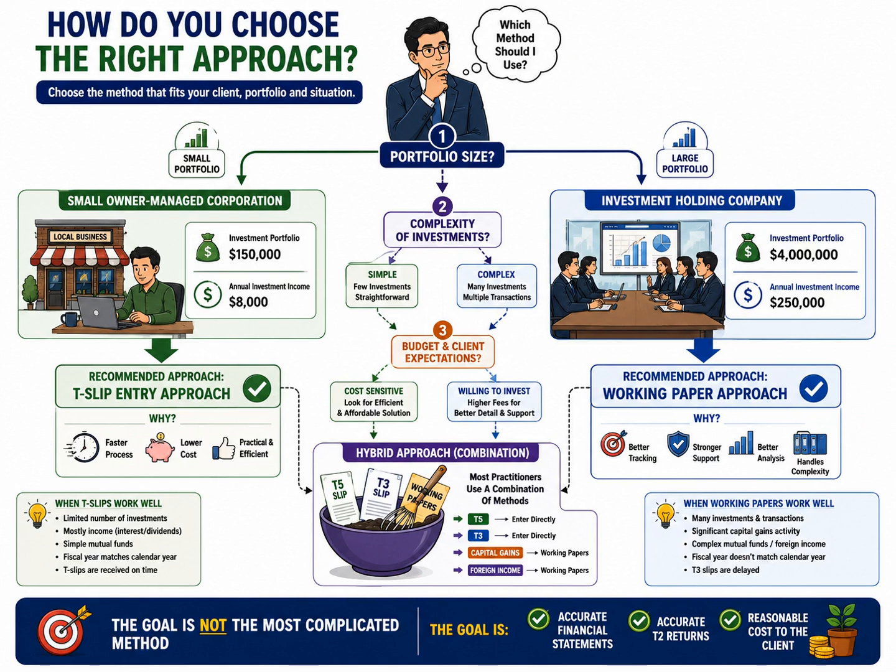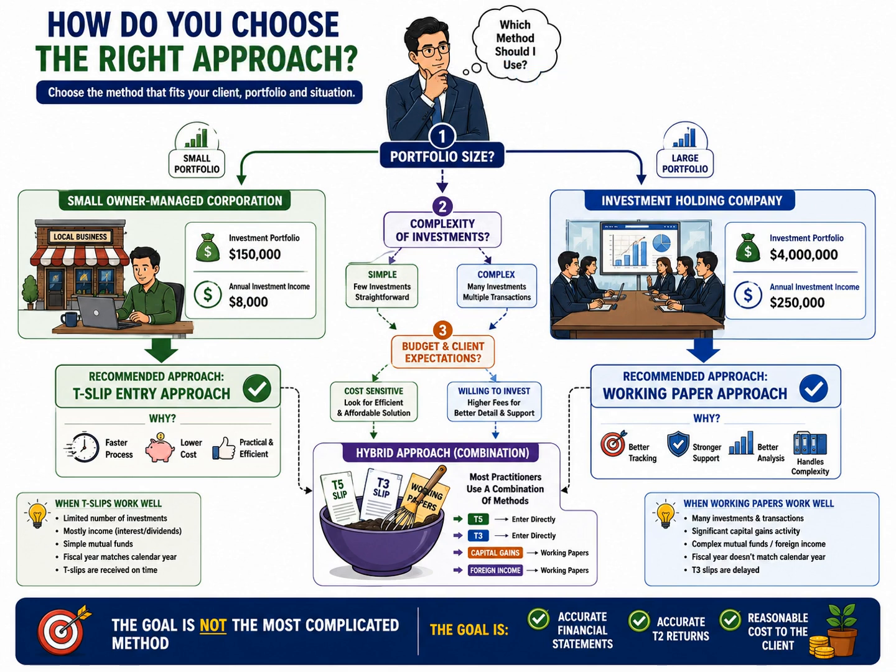They may enter dividend income from a T3 slip, but for capital gains, foreign investments, or more complicated transactions, they prepare detailed working papers. This combination often provides the best balance between efficiency and accuracy. That is why many professional firms do not strictly follow a single method. They adapt their approach based on the nature of the investment activity.